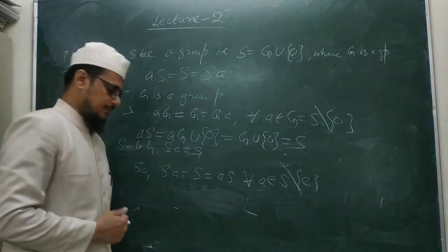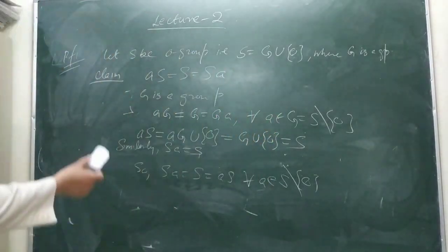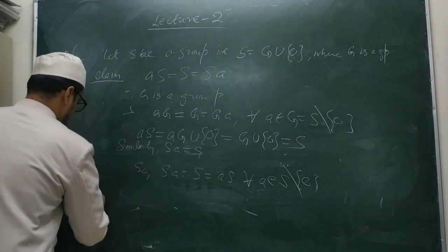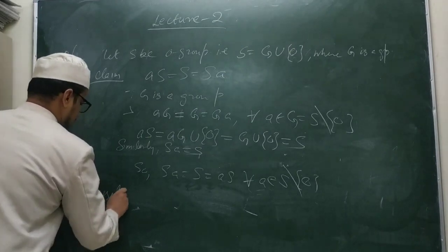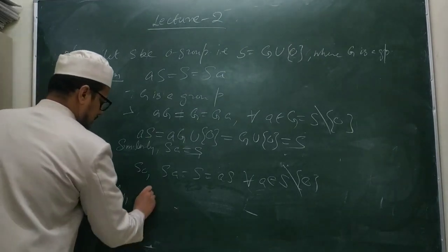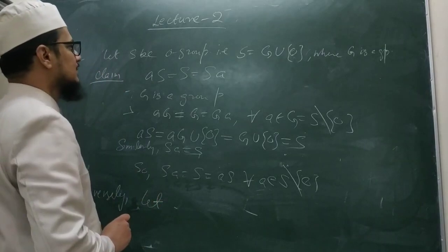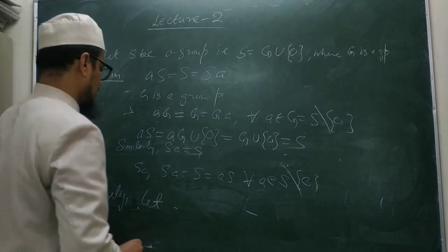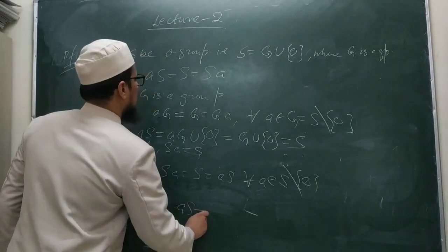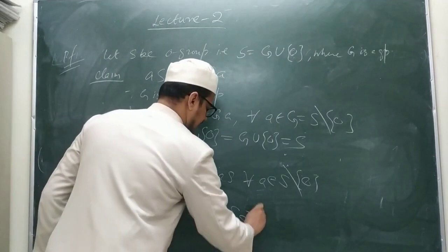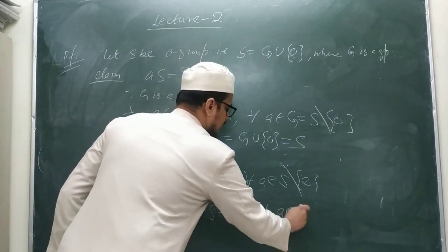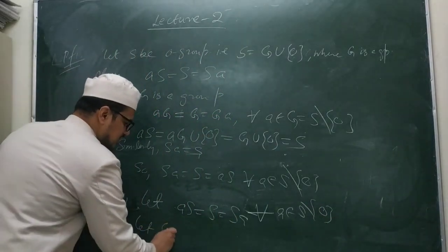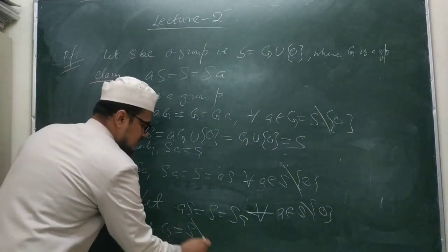Converse part is somewhat interesting. Now let's see how to prove the converse. Please note down. Conversely, let AS is equal to S is equal to SA. This we have for every A belongs to S minus 0. Now let G is equal to S minus 0.